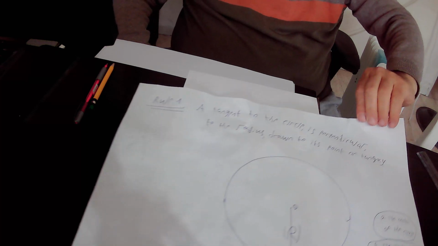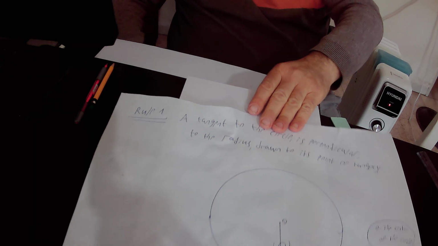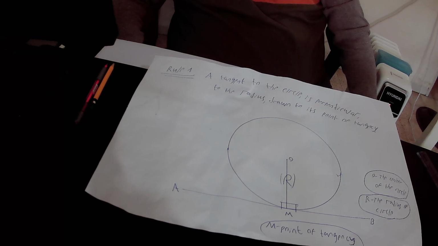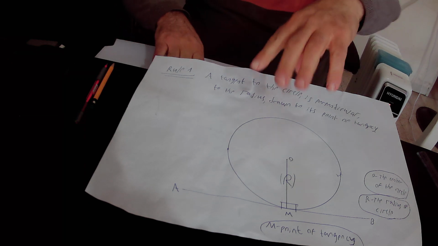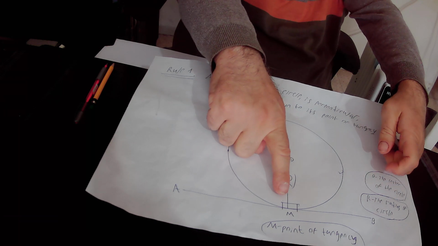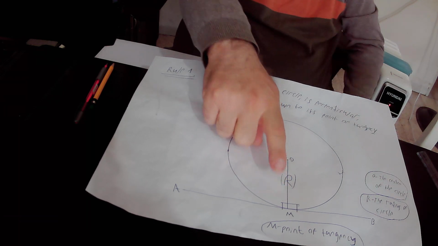According to rule 1, the tangent to the circle is perpendicular to the radius drawn to its point of tangency. In the drawing we have this circle and tangent AB, that is tangent to this circle at this point, point M. Point M is the point of tangency.